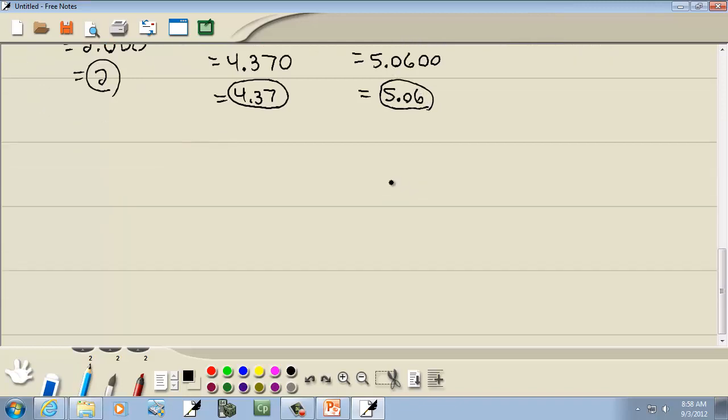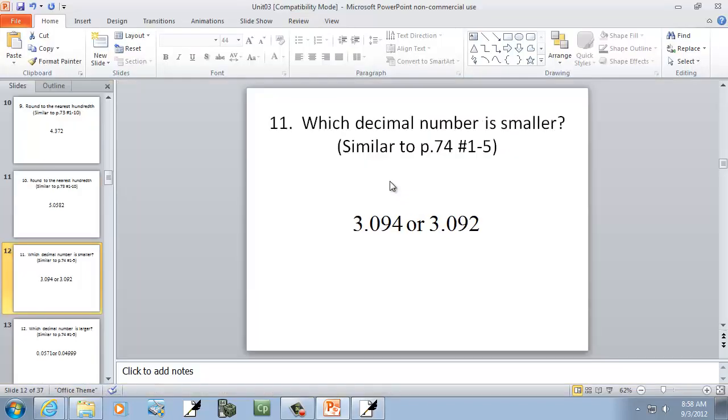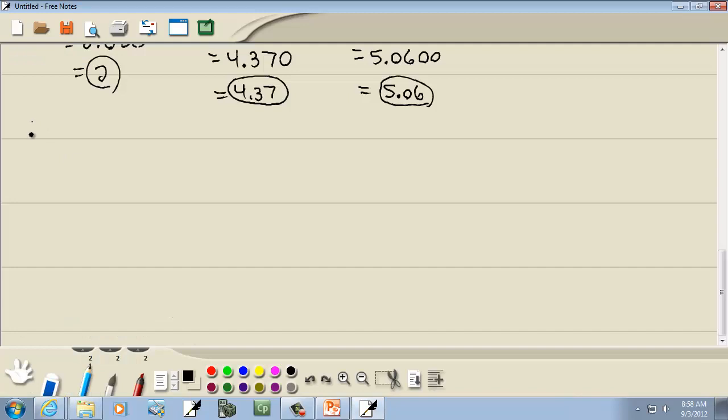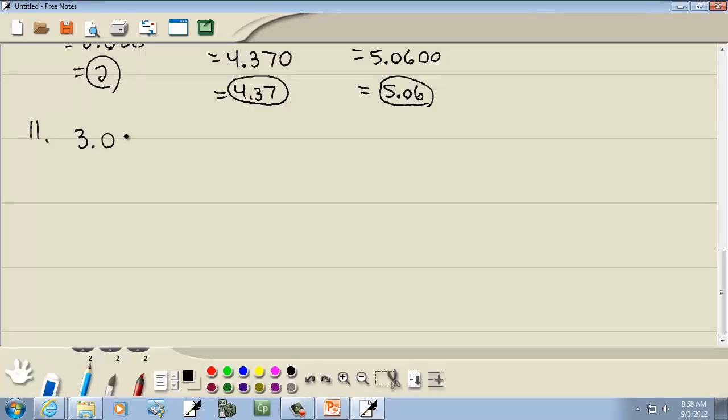Now the next problems ask us to tell which number is smaller. So let's take a look at that. We got 3.094 or 3.092. Well, first thing we notice, the number in front of our decimal is the same, so we can't tell anything about that. So then we go to our first digit after the decimal, the zeros.